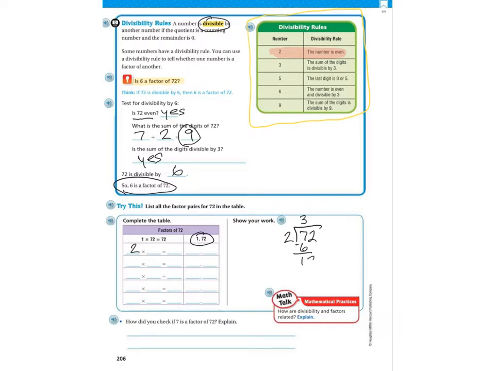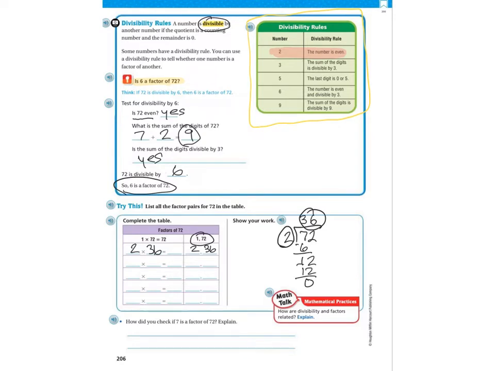Bring down my 2, and now I have 12 divided by 2, which would be 6. Multiply. 6 times 2 is 12. And guess what? I'm done. So 2 is a factor, and 36 is a factor. And then I just write my pair here, 2 and 36.